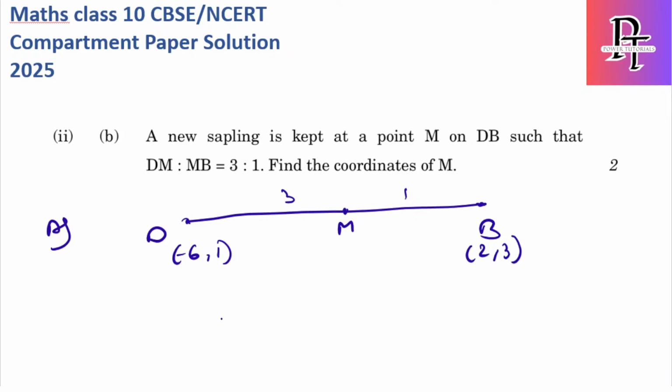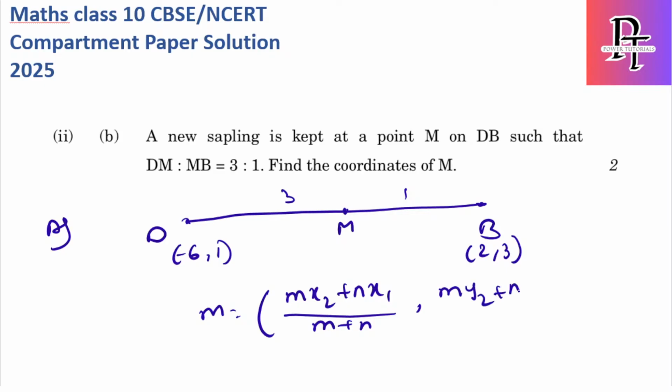Okay, so for M, I'll write the formula first. The M formula is mx2 plus nx1 by m plus n, comma, my2 plus ny1 by m plus n. So let's substitute here. m is to n is the ratio I'm talking about.